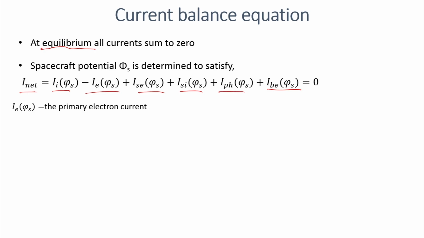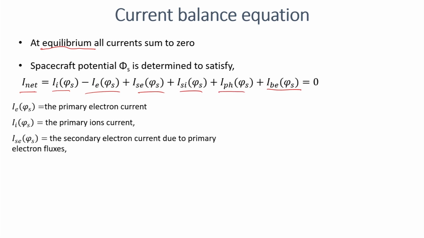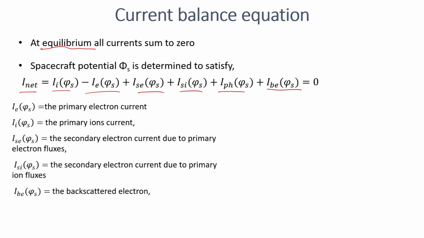I phi s is the primary electron current, then this is the primary ion current, then this is the secondary, when I am writing SE, this is secondary electron current due to the primary electron fluxes, and this is secondary electron current due to the primary ion fluxes. Then when I am writing BE, BE means the back scattered electron, and PH means the photoelectron current. So, you see this is nothing but Kirchhoff's current law.